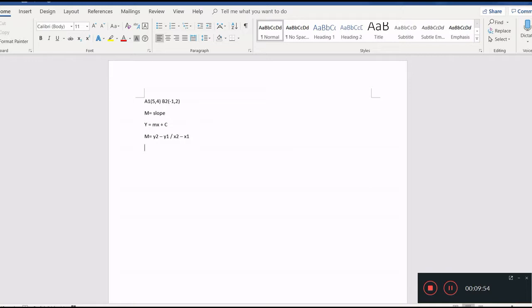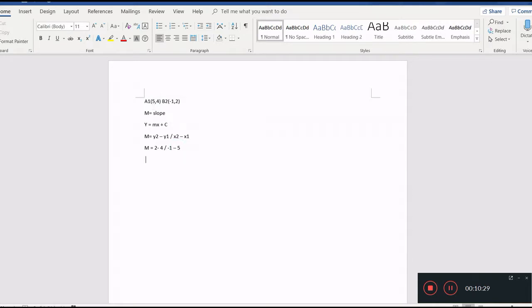In this case, I'll show you an example and find the m for you. So y2 is 2 over here. So 2 minus y1, which is 4, divided by x2, which is -1, minus 5.